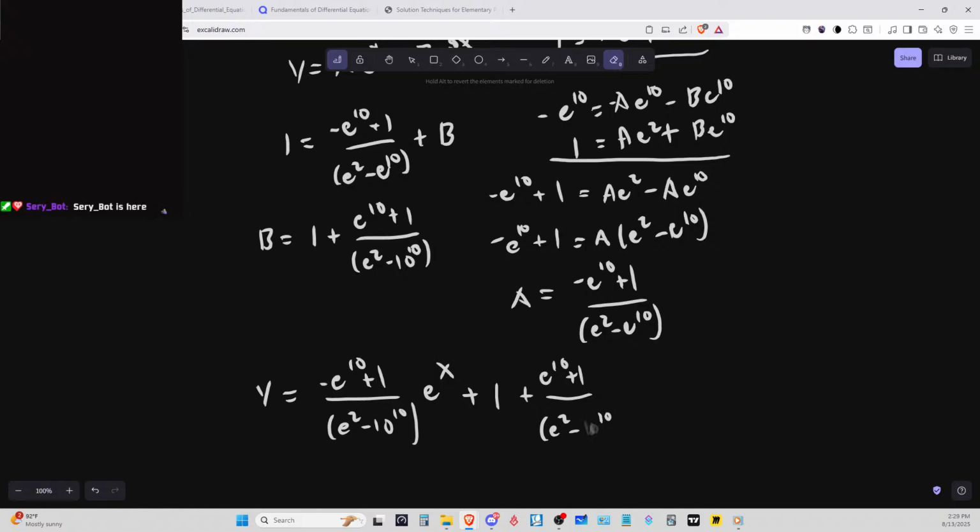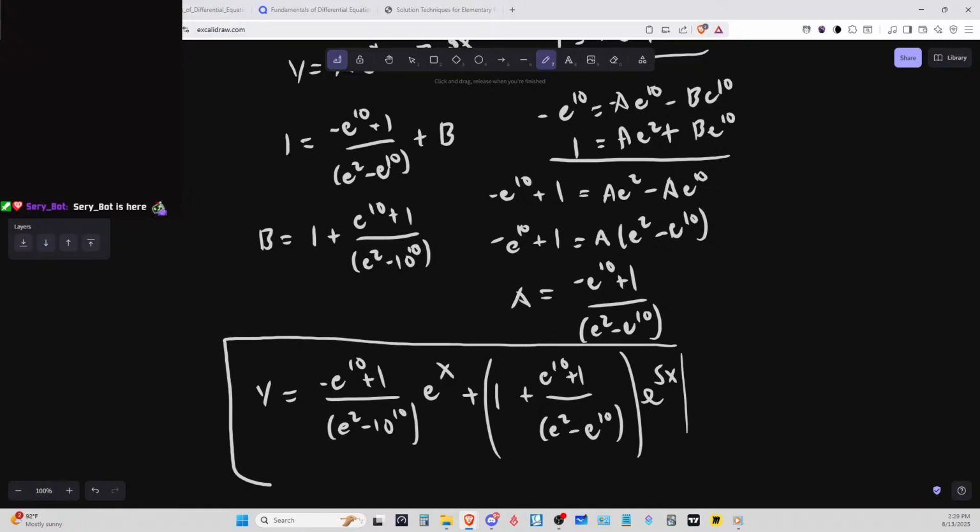Not 10 to the 10. Yeah, that looks like a really massive mess. I mean, I could simplify it, but I feel like simplifying it will just basically... I mean, we could put this E over here.